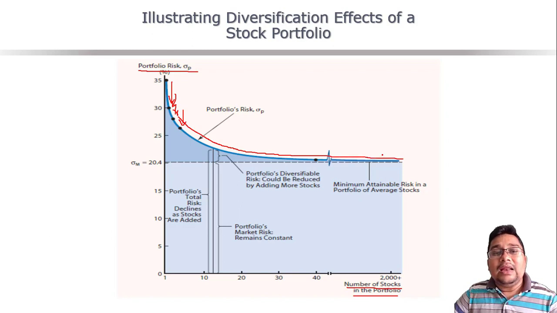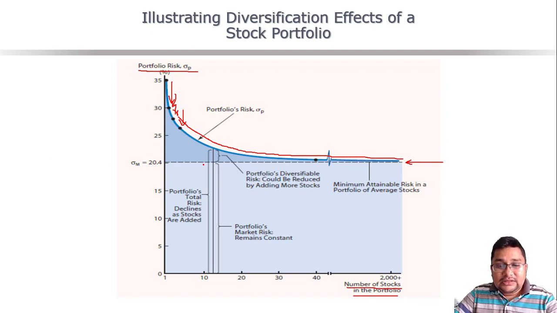It will decrease at a diminishing rate, and you will see that after a certain level, the reduction of risk will be negligible, and it will never cross a certain level. This is the level of non-diversifiable risk. So we can divide the total risk into two components. One is the diversifiable. Let us focus on this number of stocks.